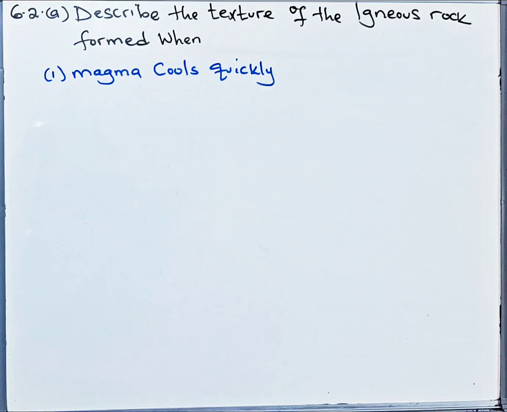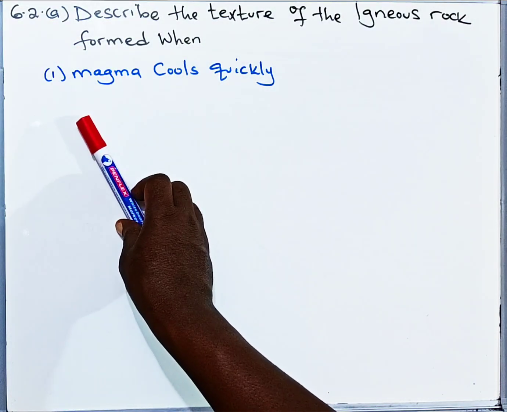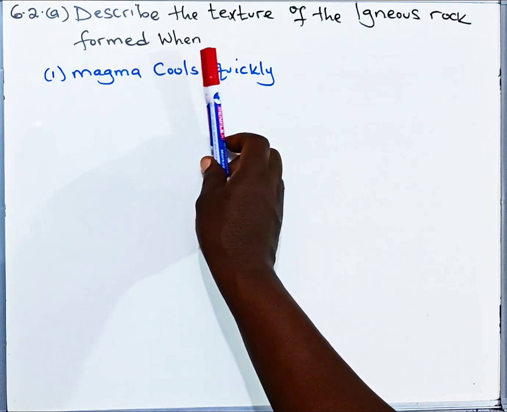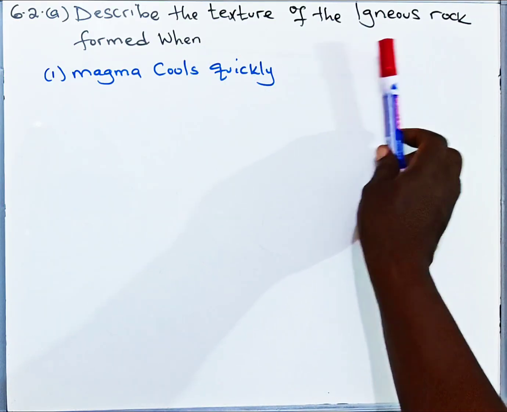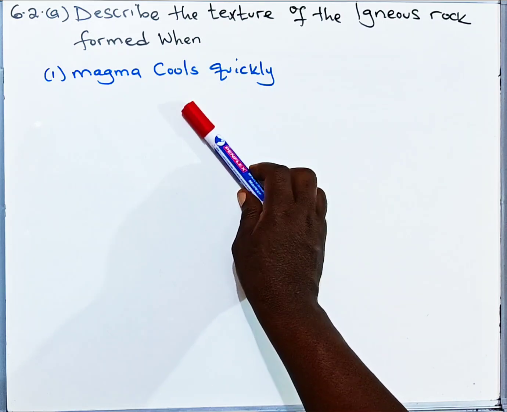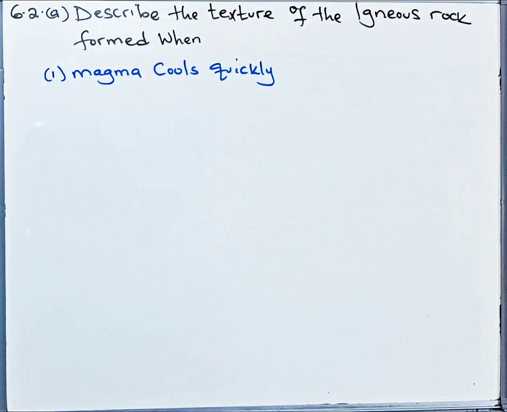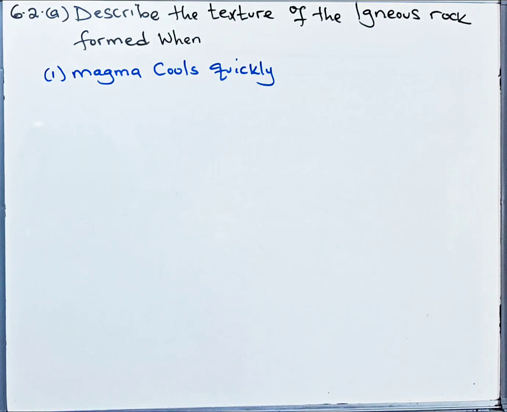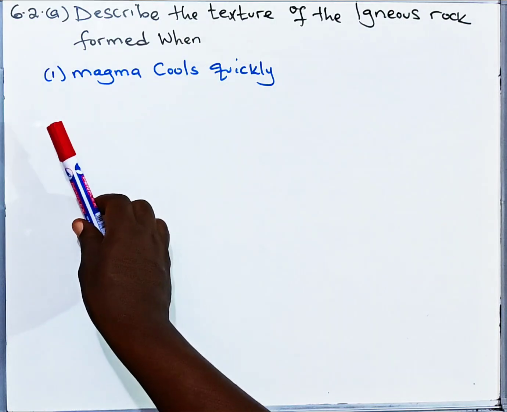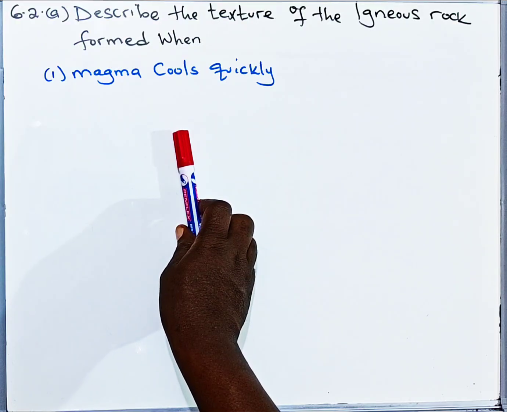Then we come to this question. It says, describe the texture of the igneous rock formed when magma cools quickly. When magma cools quickly, what texture is formed? The texture is fine grained with small crystals.